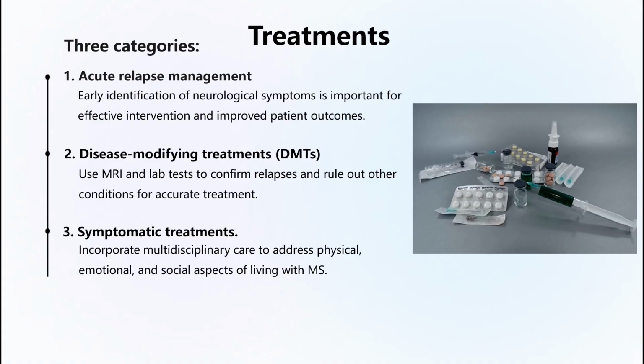Then there are disease modifying treatments, DMTs in short, which use MRI and lab tests to confirm relapses and rule out other conditions that might be needed for accurate treatment. And lastly is symptomatic treatment, which incorporates multidisciplinary care to support emotionally and socially the individuals living with multiple sclerosis.